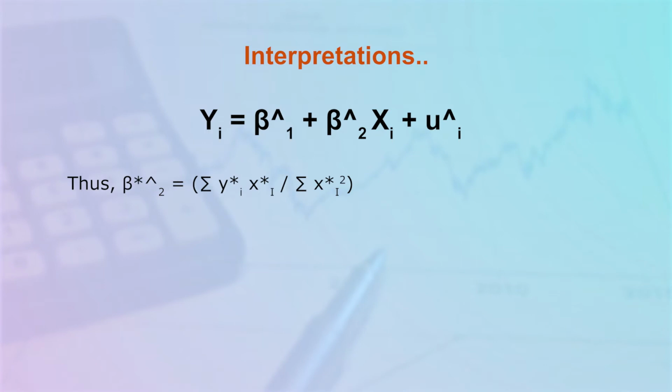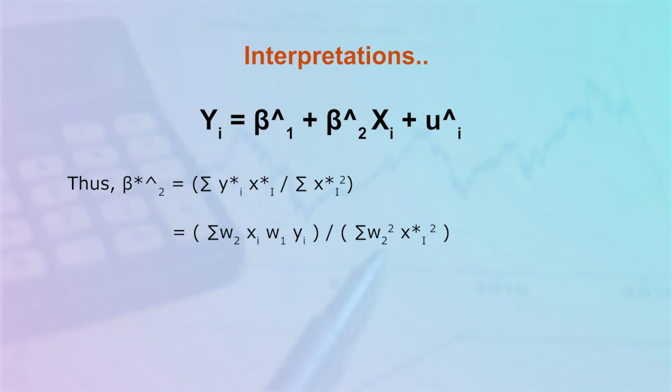Now instead of writing yi star or xi star, we are writing in terms of weights. We are just expanding the expression. So instead of xi star, we write w2 xi, and instead of yi star, we write w1 yi. Similarly, divided by summation of w2 square xi square, because xi star is in the square form, so accordingly the weights will also be in the square form. That's why we write w2 square.